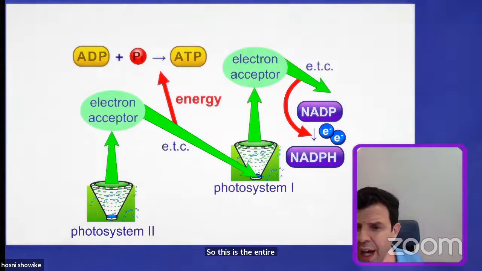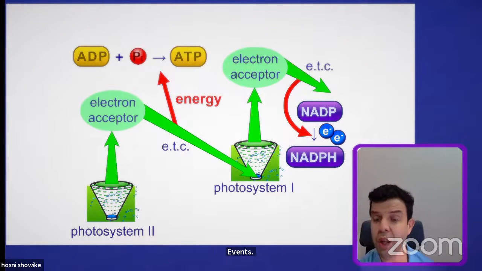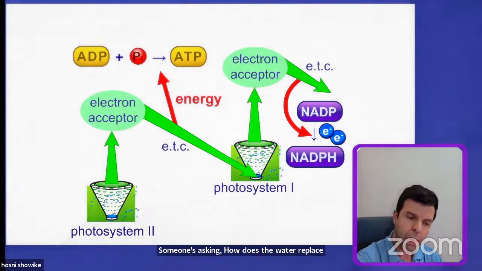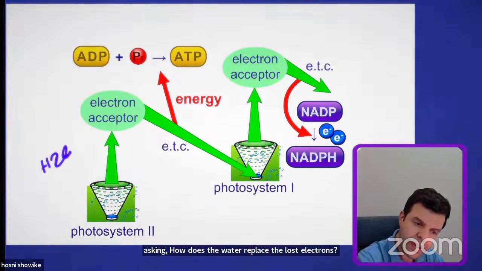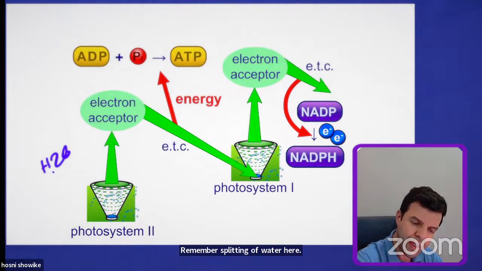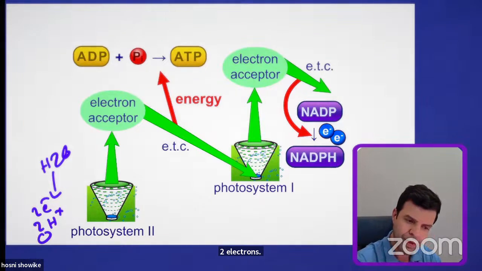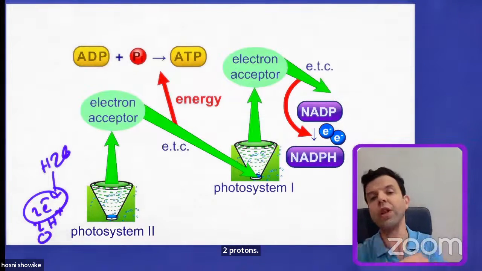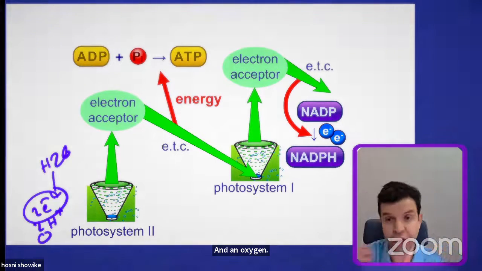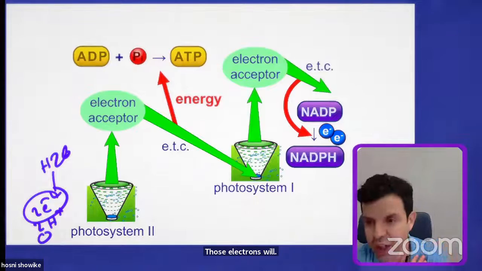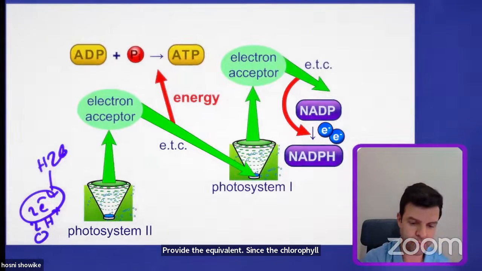Someone's asking, how does the water replace the lost electrons? Remember, splitting of water here gives me what? Gives me 2 electrons, 2 protons, and an oxygen, right? Those electrons will provide the chlorophyll. Since the chlorophyll lost the electron, it's going to provide it with these missing electrons.